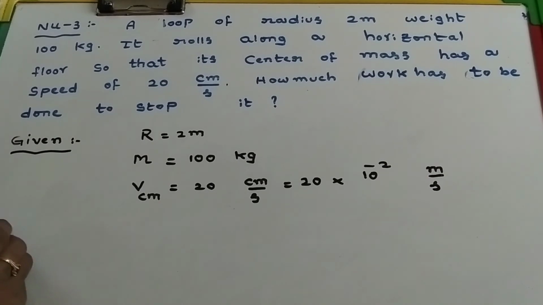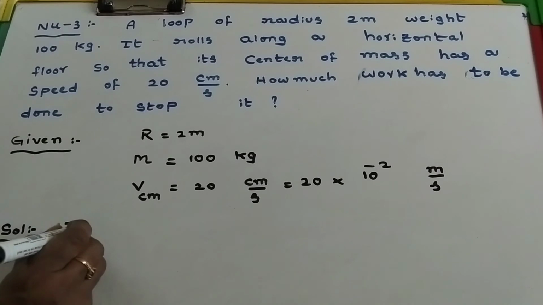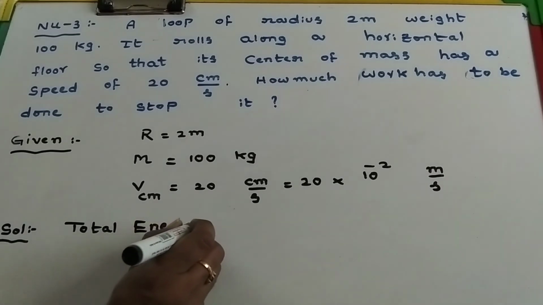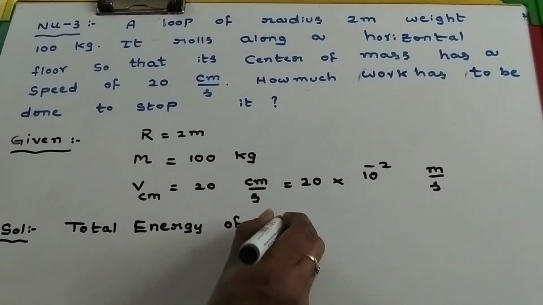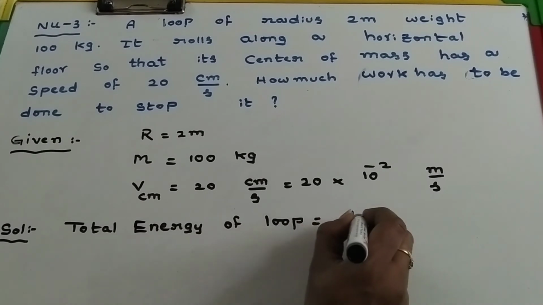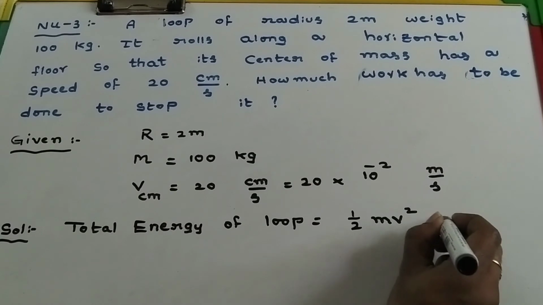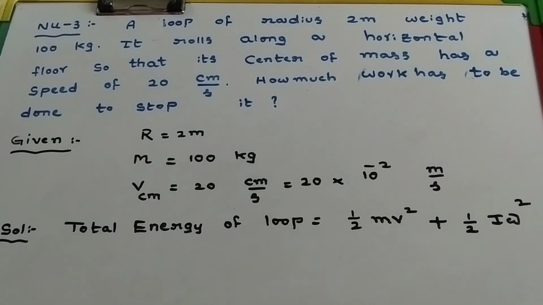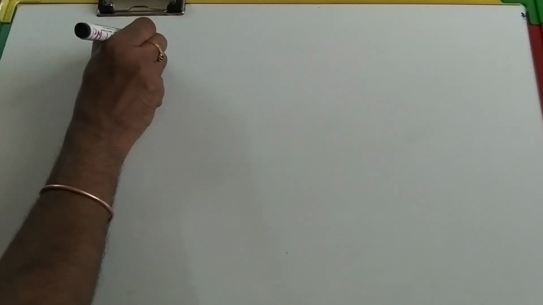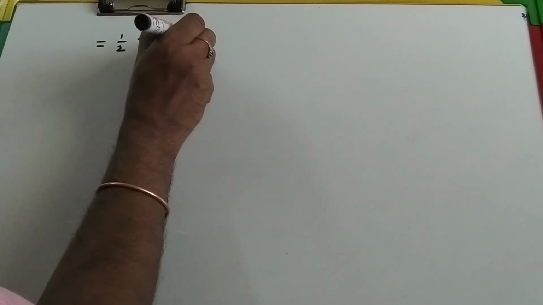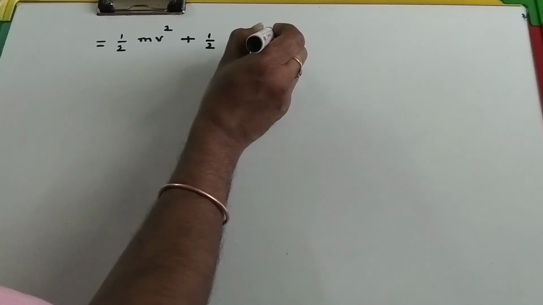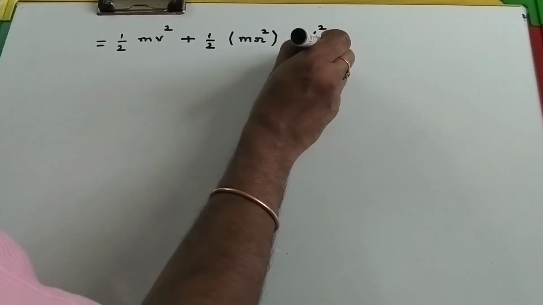Now, solution. Total energy of the loop is equal to 1/2 mv² + 1/2 I ω², that is 1/2 mv² + 1/2 mr² × v²/r².